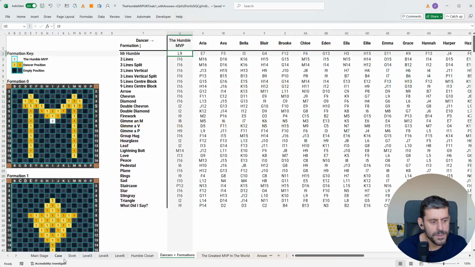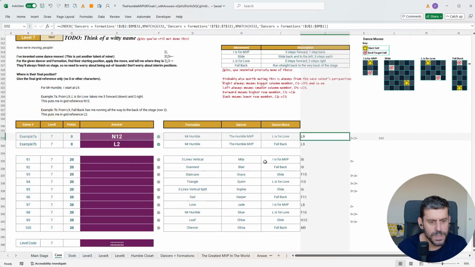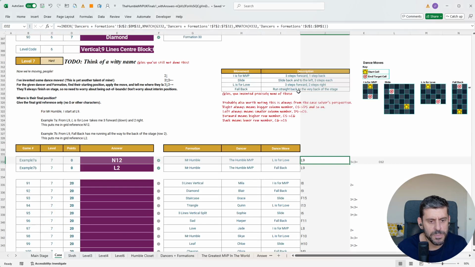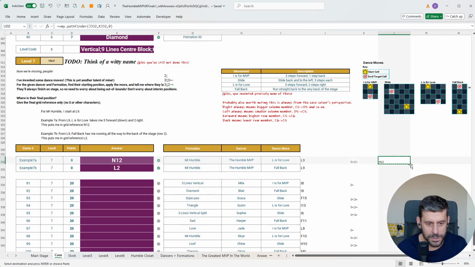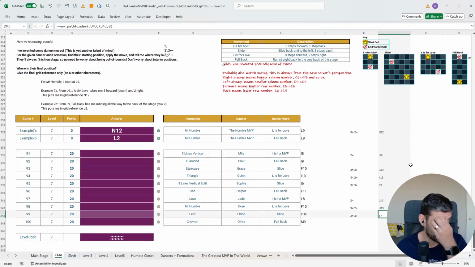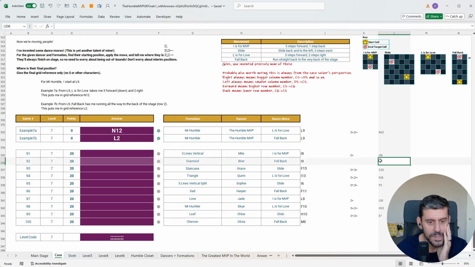L9. 3 steps forward. So 12. And 2 steps right. Okay. So 2. Okay. So yeah, and again, this was better than doing the bonus questions, so it's a bit of a pity.